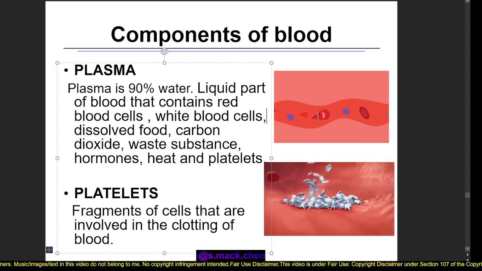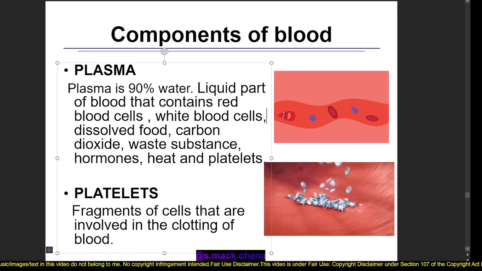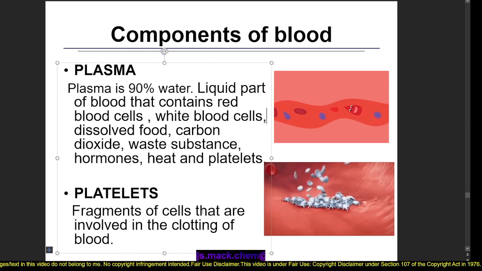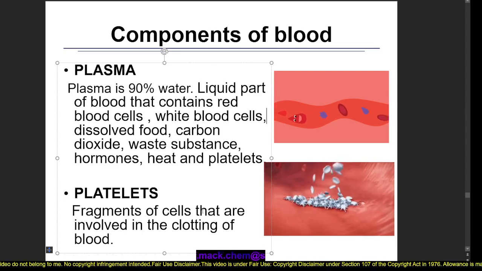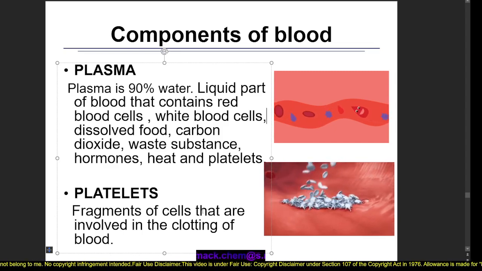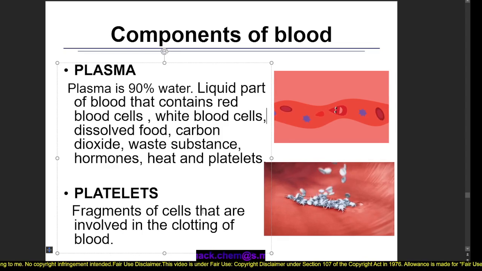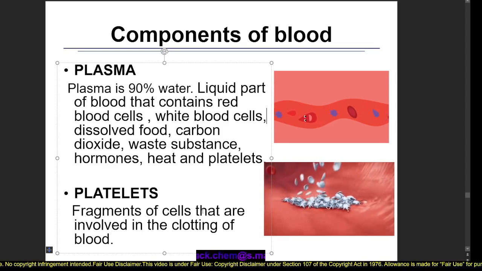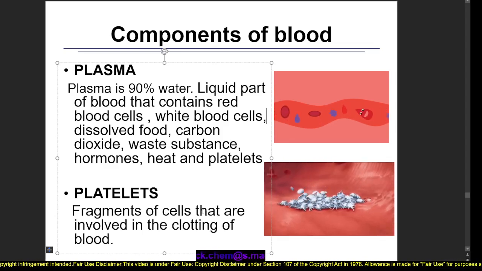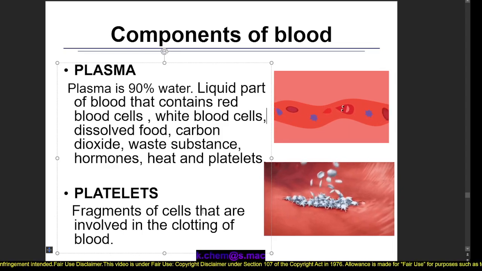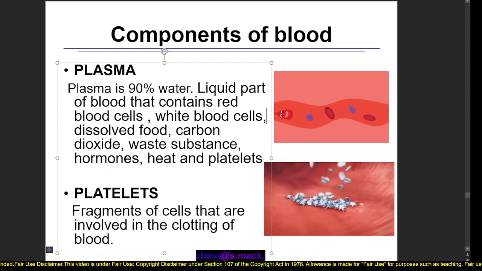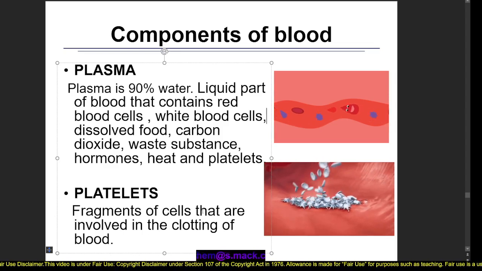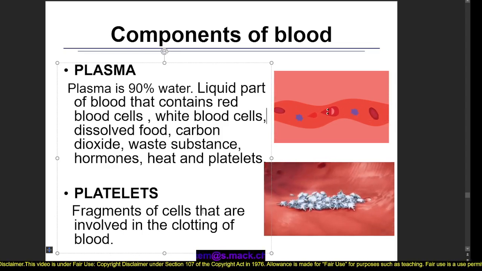So there are some fragments of cells which help in the clotting of blood, and these fragments of cells that aid in blood clotting, we refer to them as platelets. So as seen on the diagram on the right, if you are cut, these platelets rush to the site of the cut where blood would be escaping through the skin.